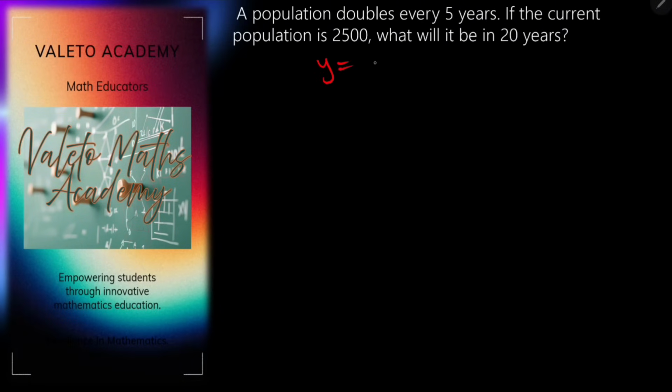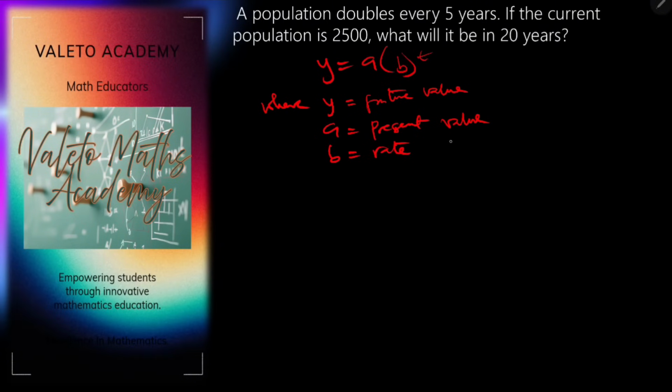y is equal to a times b raised to power t, where y is the future value, a is the present value, b is the rate.